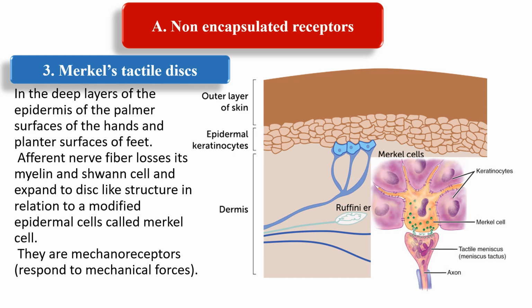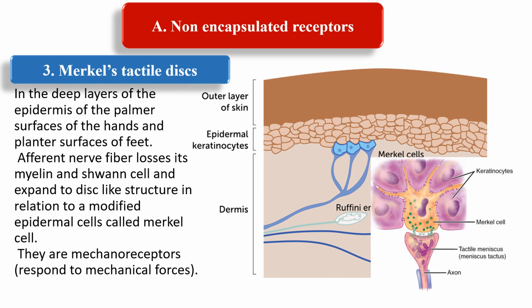The afferent nerve fiber is myelinated at first, but it loses its myelin sheath and Schwann cell, then expands to a disc-like structure, so it's called Merkel's tactile disc, in relation to a modified epidermal cell, which is called the Merkel cell. Here we can see on the right side that the axon was myelinated, covered by blue color, then loses its myelin sheath and expands finally, making a disc.